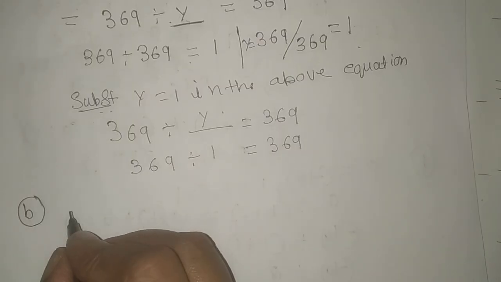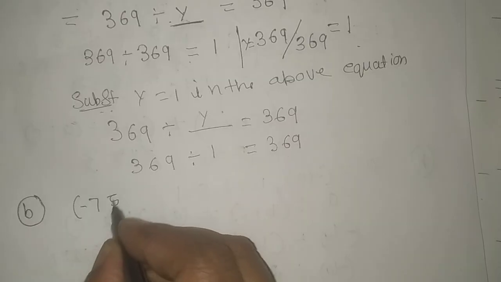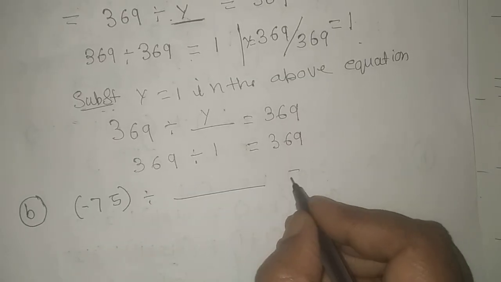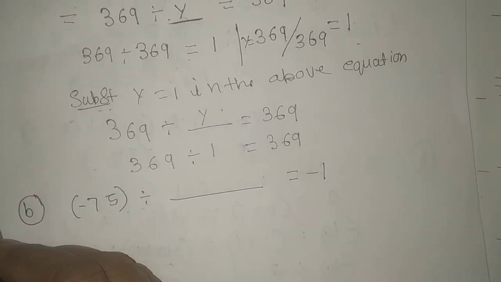Now we'll take B. B is given as minus 75 divided by dash is equal to minus 1.